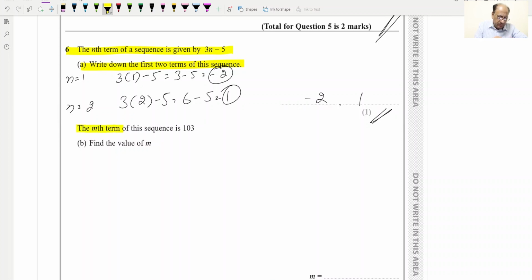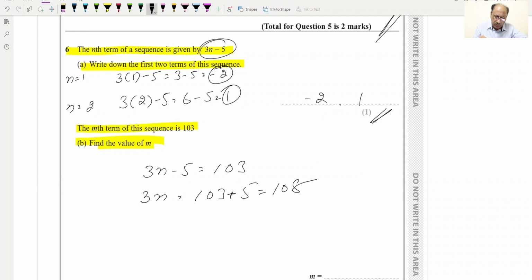Next, the mth term of this sequence is 103. Find the value of m. So the general formula is 3n minus 5, we will take equal to 103, and find the value of n, and this will be equal to 103 plus 5, which is equal to 108.